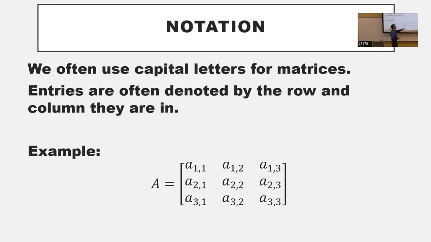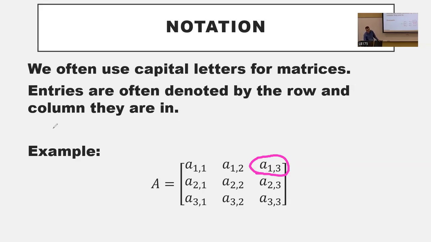The 1, 2 entry is the entry in row 1, column 2. And we denote that with subscripts often. So if we're in row 1, column 3, that's the 1, 3 entry of the matrix. That's A1,3.